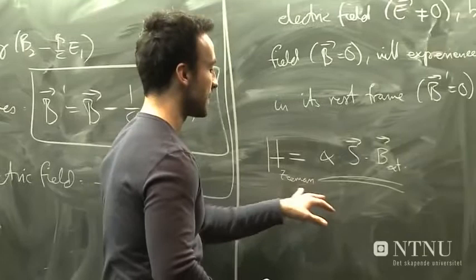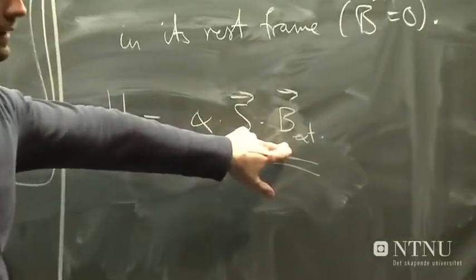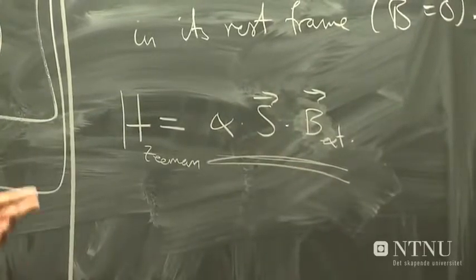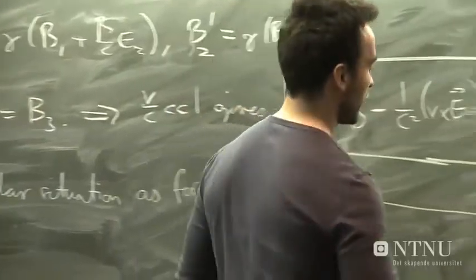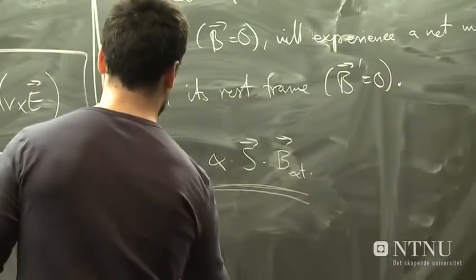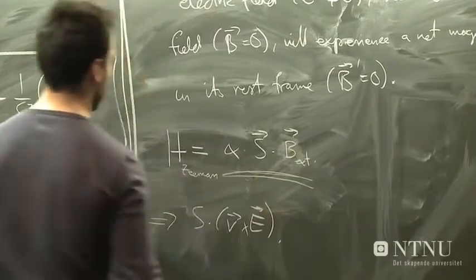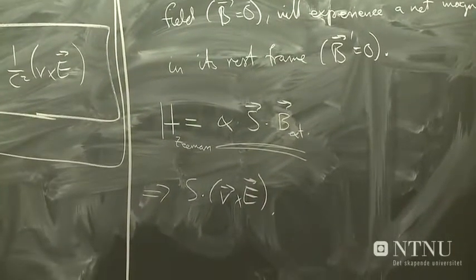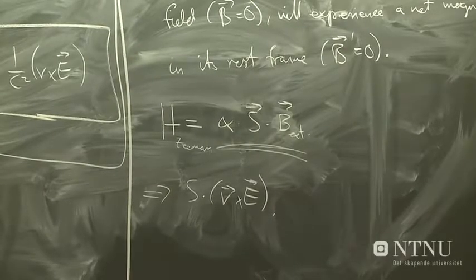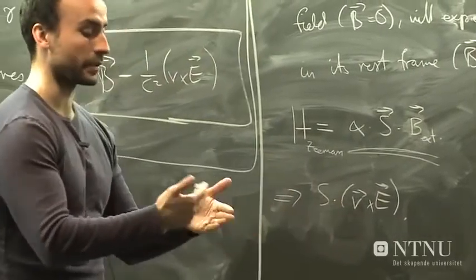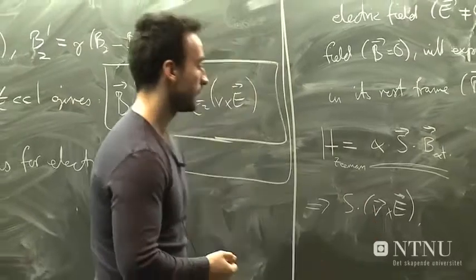So we get this Zeeman coupling term, where this field is now not an external field, but this field perceived by the electron moving. So in fact, we get something like this. So you get a velocity-dependent magnetic field. You can think of this as a magnetic field that changes direction depending on the direction of the electron, due to the velocity here.